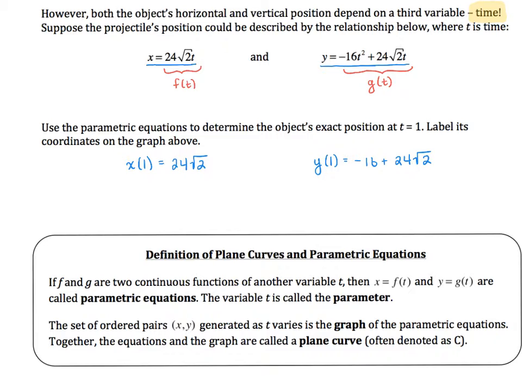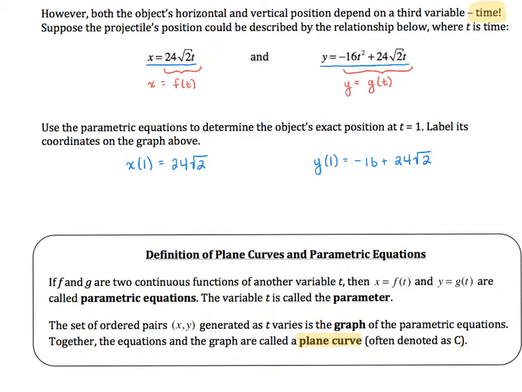So what we have here officially is x as some function of time and y as some other function of time. So there is your set of parametric equations. And then the variable t, which x and y both depend on, is called the parameter. And so when you sketch the graph of a set of parametric equations, it graphs as a plane curve, which we usually label as C. I figure it's worth mentioning.